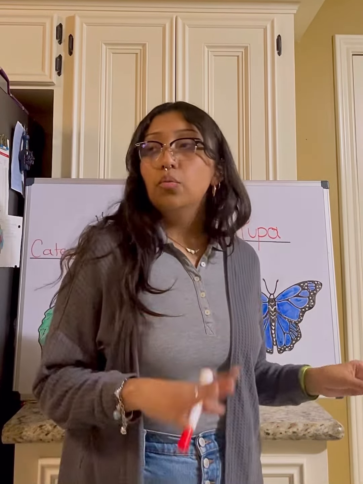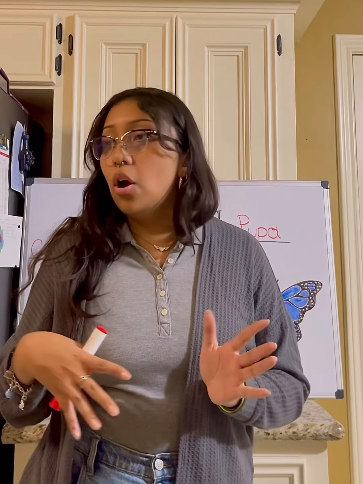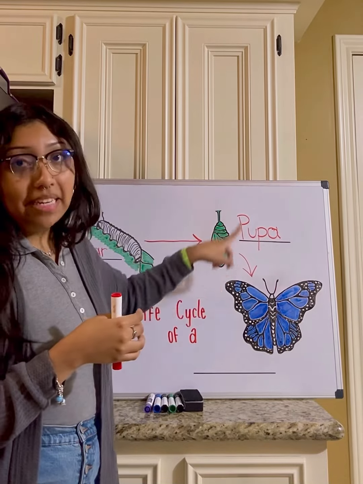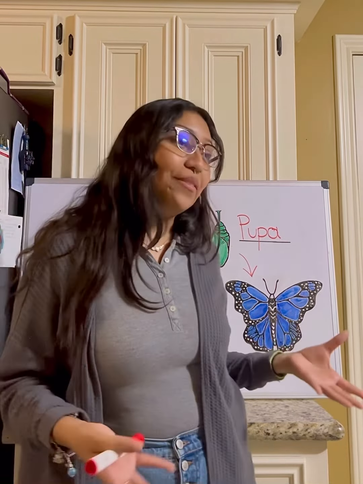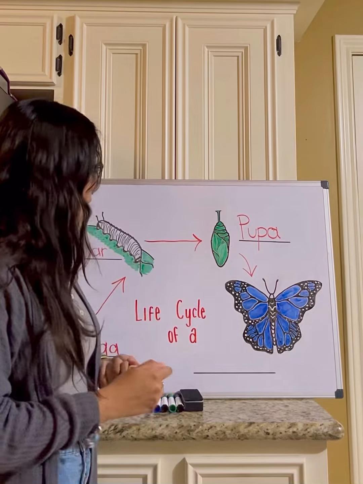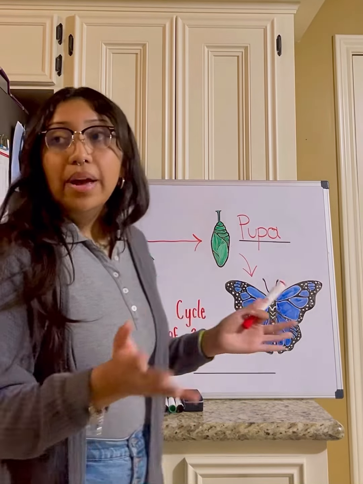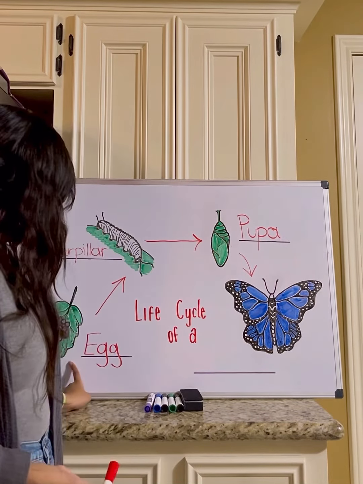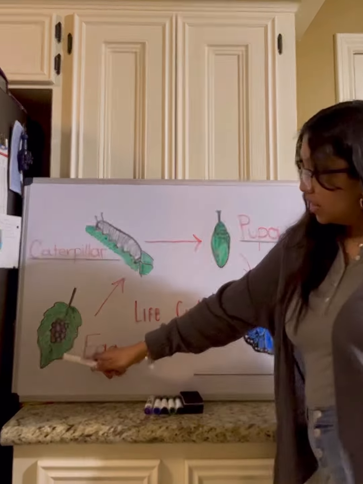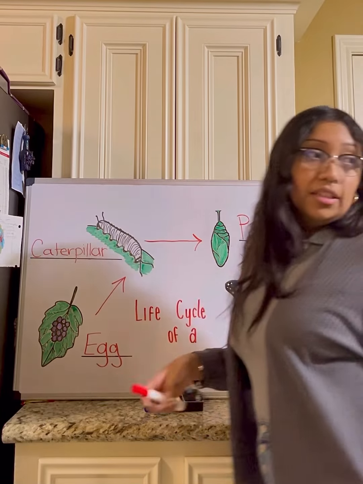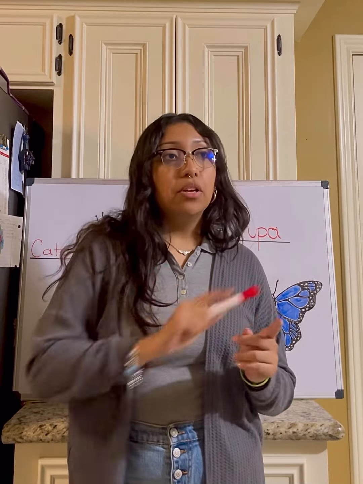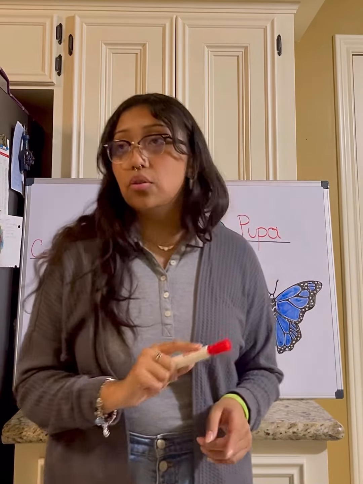So whenever a butterfly crawls out of its pupa, it can sometimes even eat what the pupa was made out of, like its first meal right after it comes out, okay? And once it's ready, it'll fly away and it'll eventually make its own eggs, lay its own eggs, just like these. And the life cycle will start all over again. That's why it is called a cycle. Okay, a cycle means that it just keeps happening over and over. It's like a circle, okay?